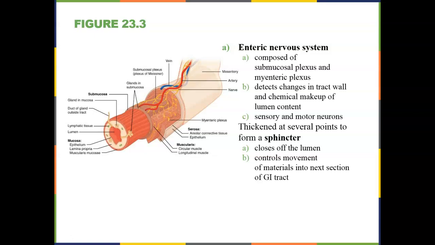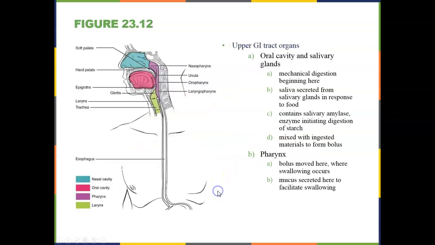Helps in producing saliva so that we can start chemical digestion in our mouth. So there's a lot of functions of this enteric nervous system. And the enteric nervous system, we're going to watch a video on it at some point that will show how important it is to not only digestive health, but also nervous system health.